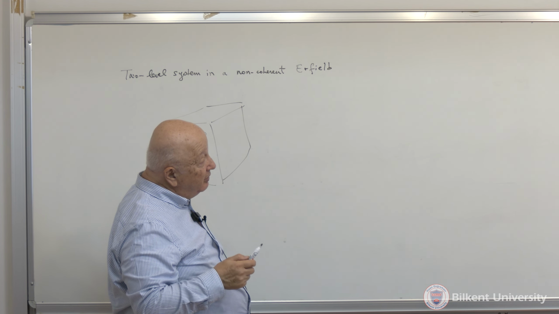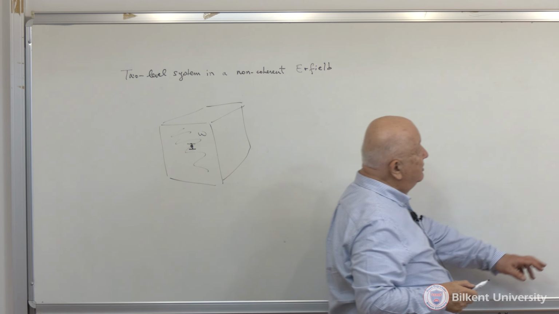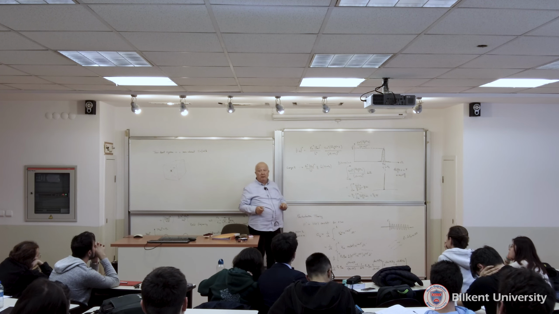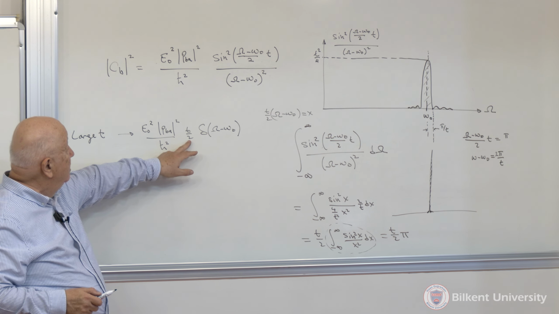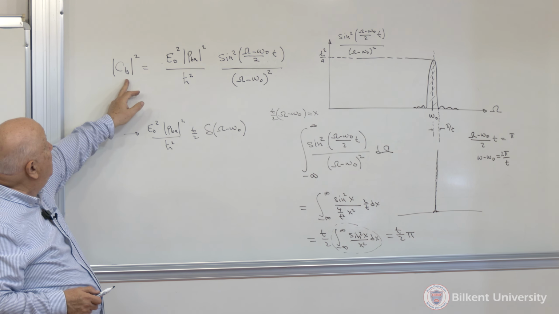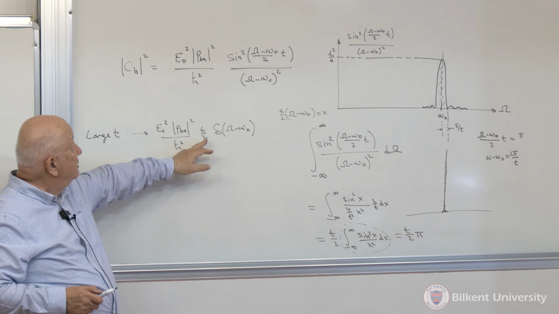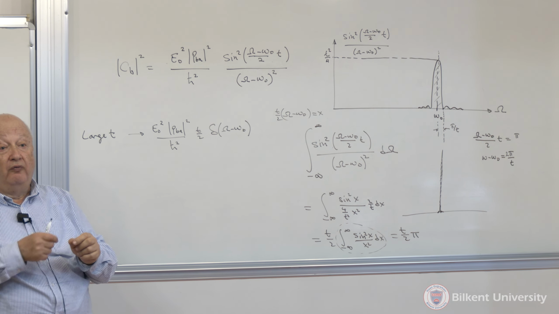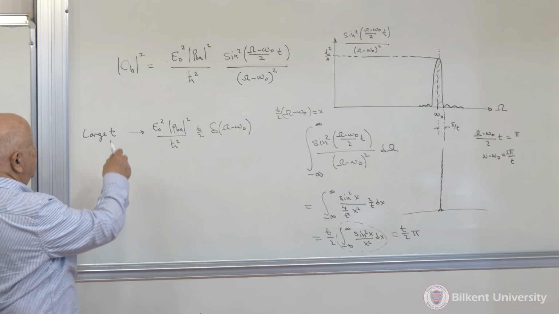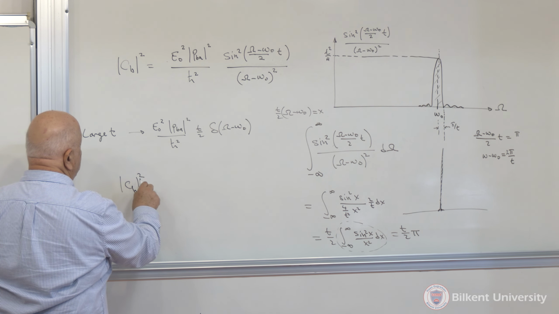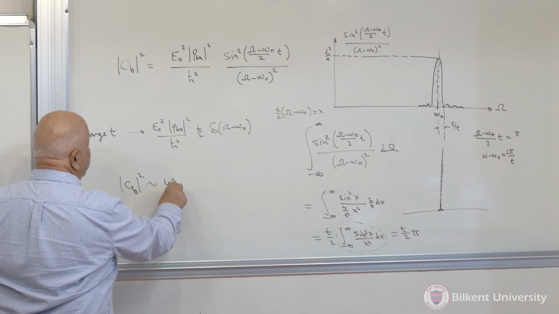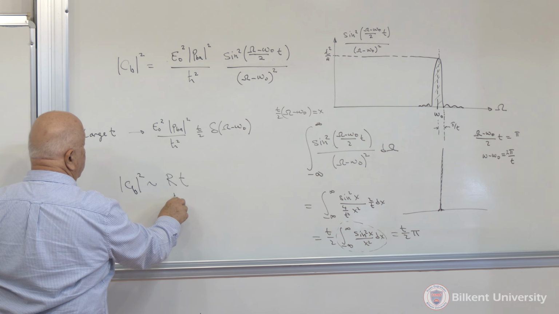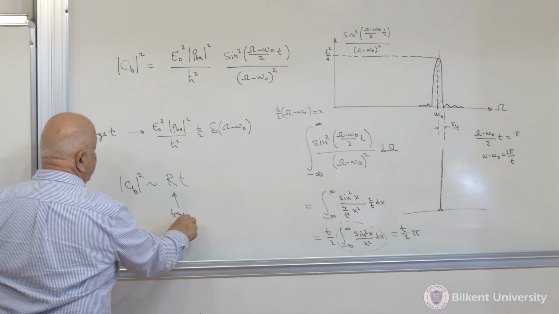So you see, we already have found this change in CB to be proportional to time. This says that the probability of being in this B state is proportional to time. That's a signature of a transition rate. So this CB magnitude squared is going to be something like the transition rate, let's call it R, times t.